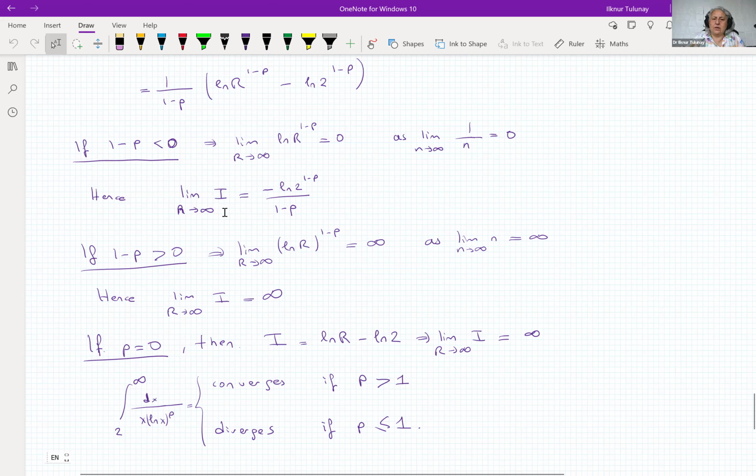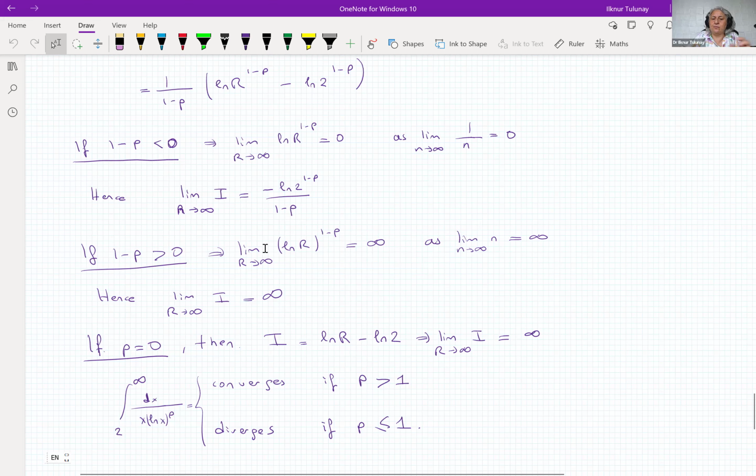So for this improper integral, the limit as r goes to infinity exists. It means it converges. If 1 minus p is bigger than 0, then you have some number that goes higher and higher, so when n goes to infinity, this goes to infinity.